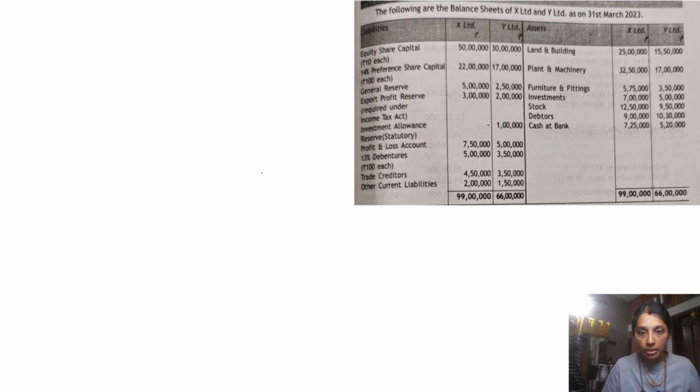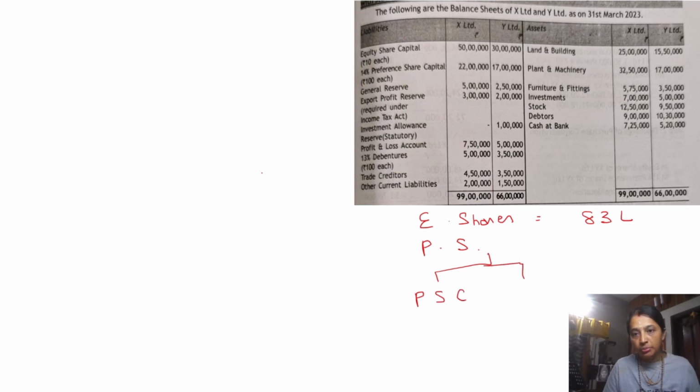The purchase consideration was paid in the form of equity shares, X equity share capital and Y equity share capital put together, which was 83 lakhs. Please refer. Now, we divide the preference shares into two categories: one is preference share capital and another is transferring the premium amount to securities premium.